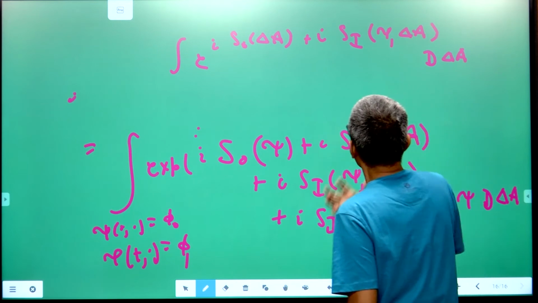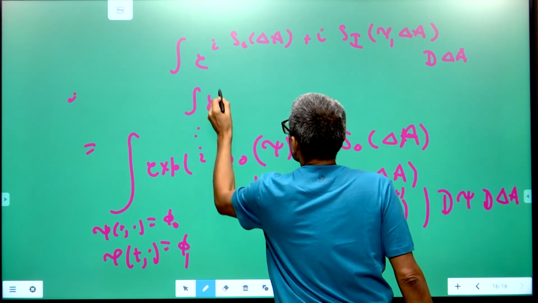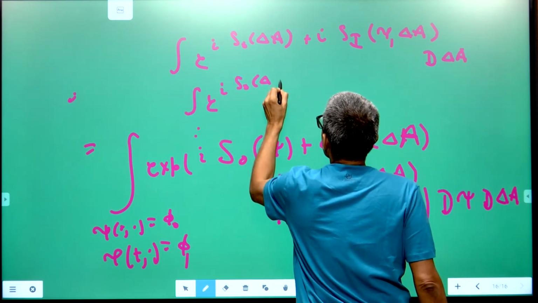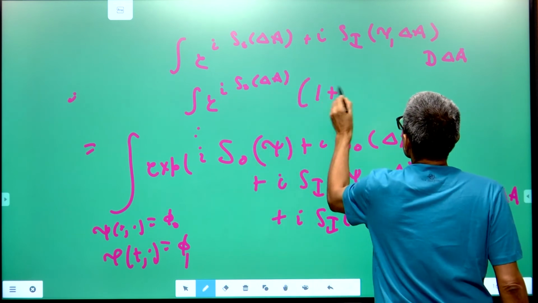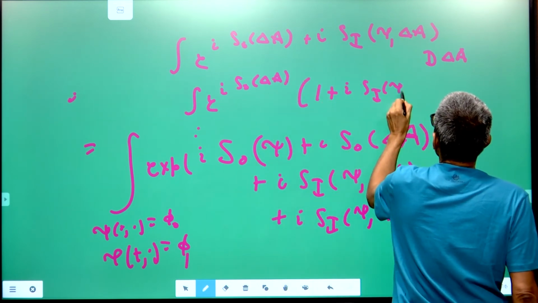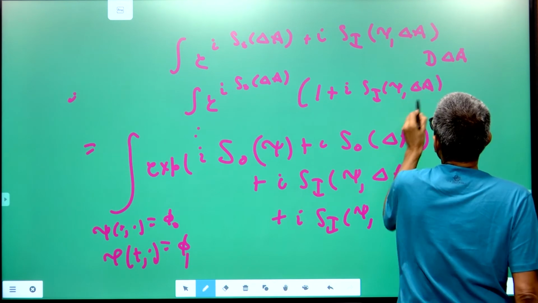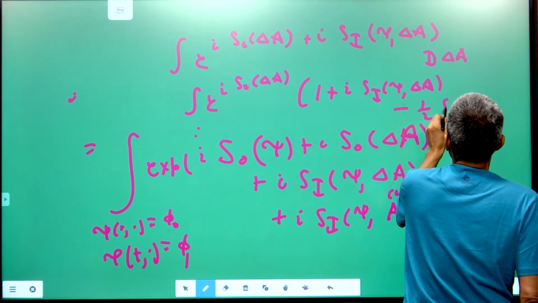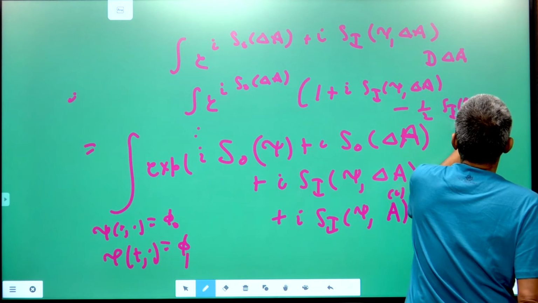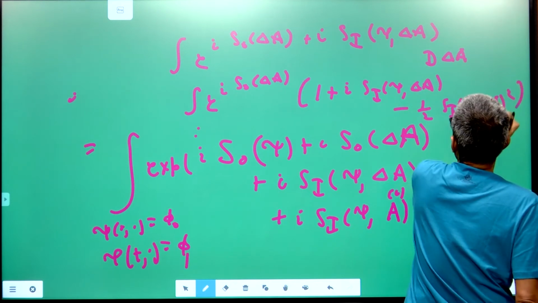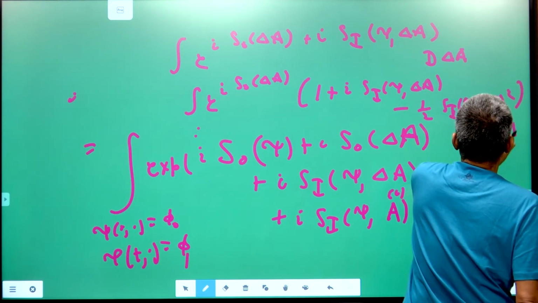Now this can be evaluated approximately as e to the power I S0 of delta A times 1 plus I S_I of psi, delta A, minus 1 by 2 factorial S_I of psi, delta A squared. Let us say you go up to order 2 terms in delta A, so this is an approximation.